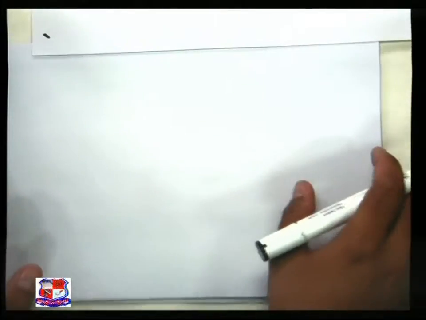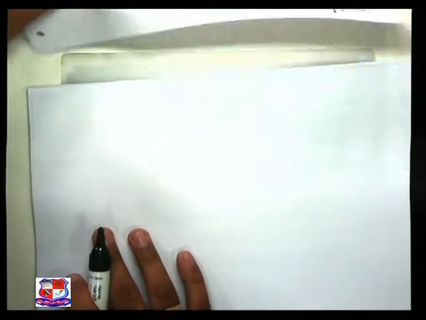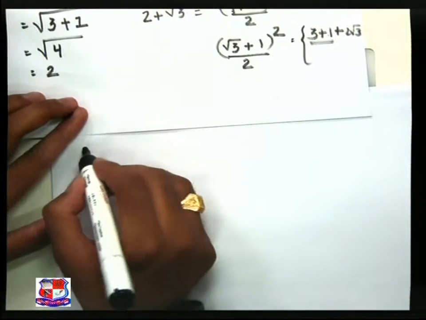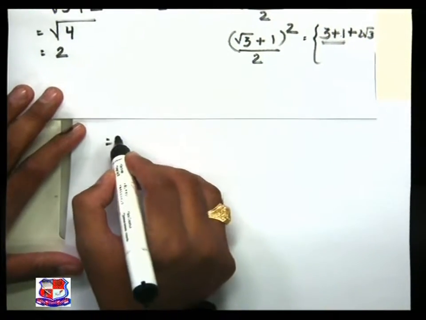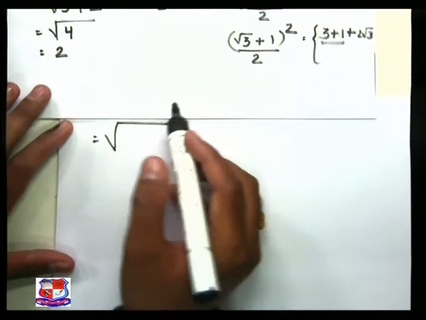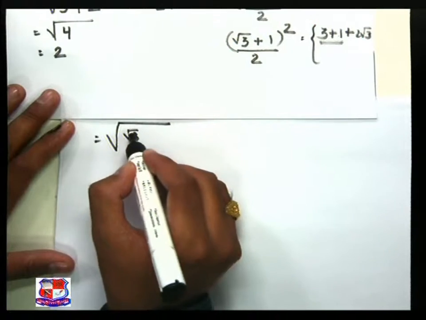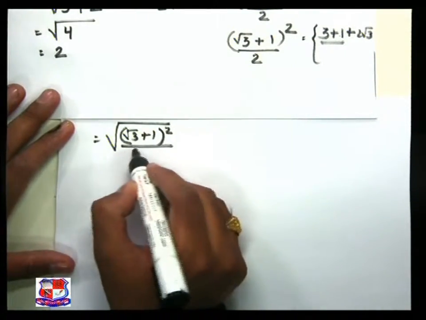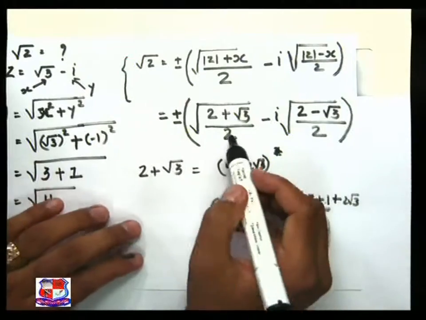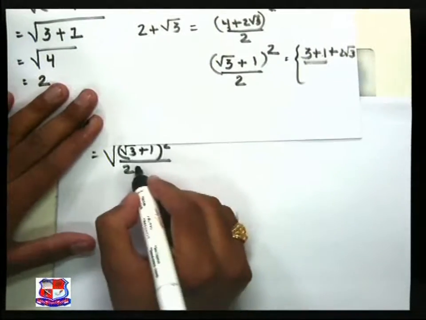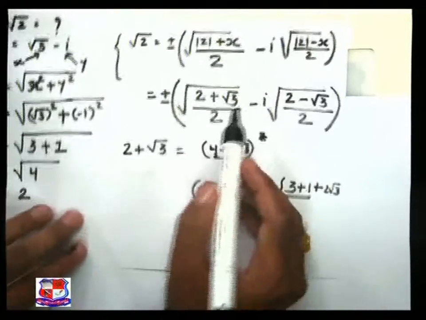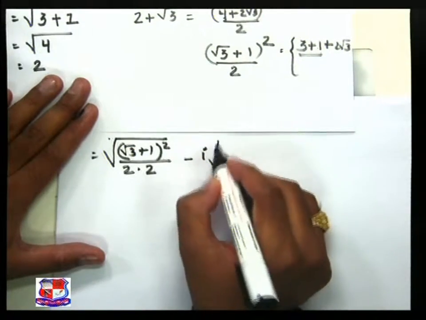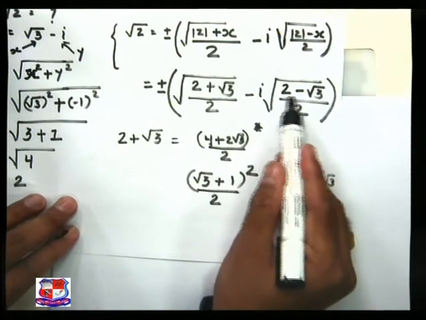So this becomes under root of under root 3 plus 1 square, divided by 2, and this is also divided by 2, so again 2, minus sign as it is, i, under root of, here 2 minus under root 3.